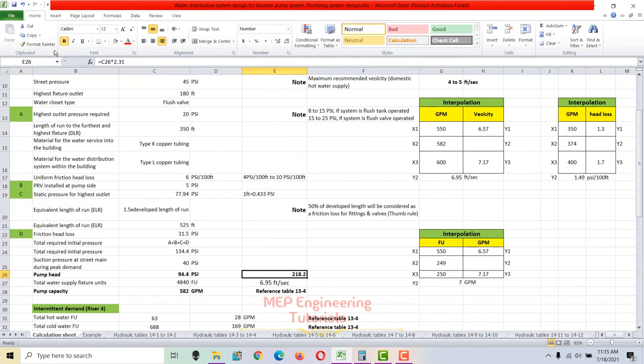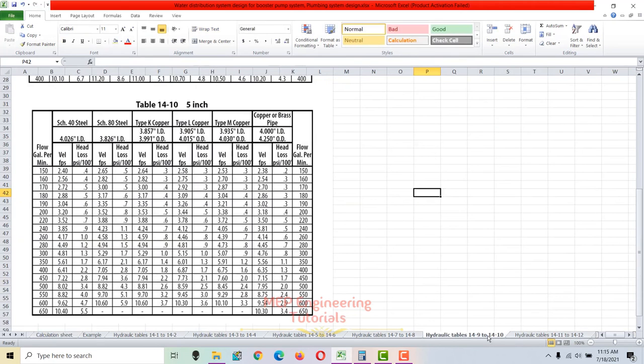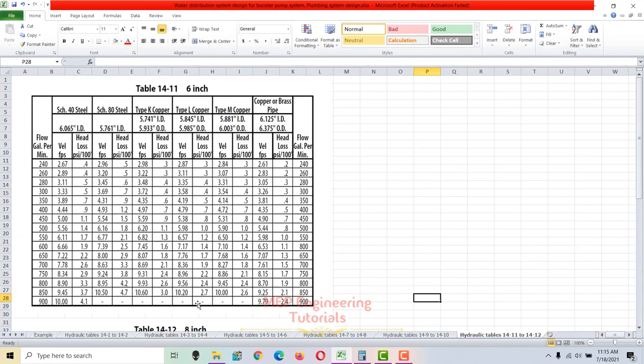So the velocity calculated here is 6.95 feet per second at 4840 fixture units, and the pipe size we selected here is 6 inches.